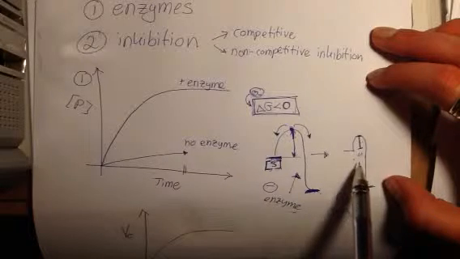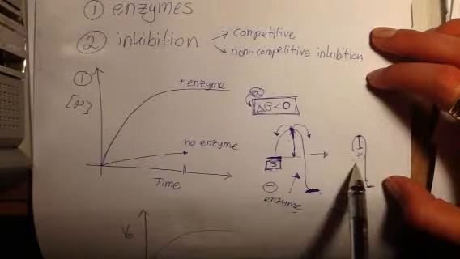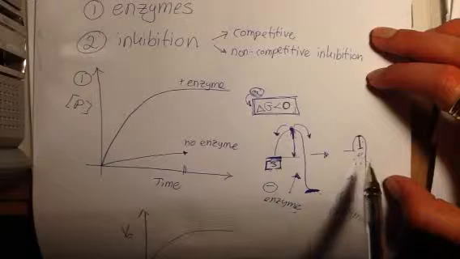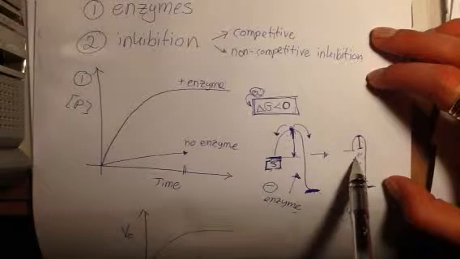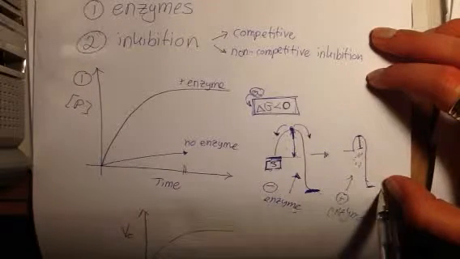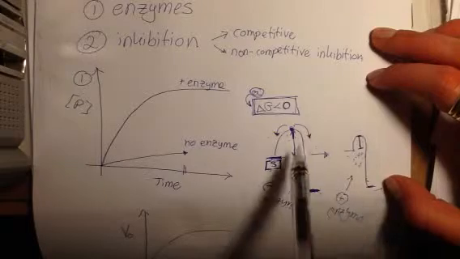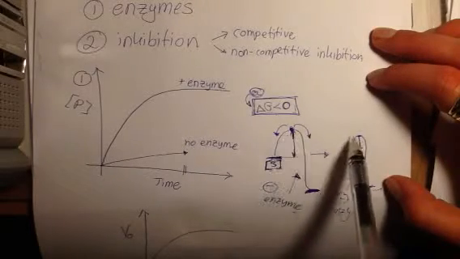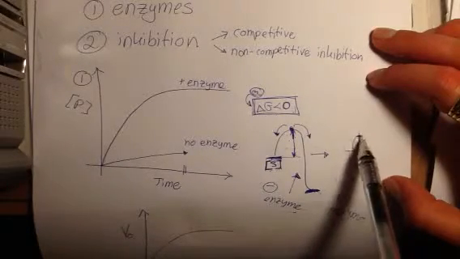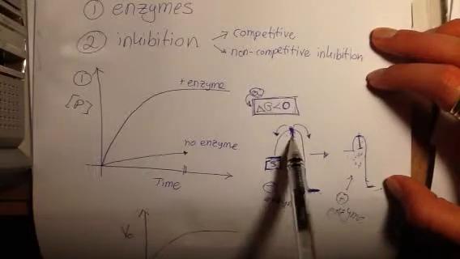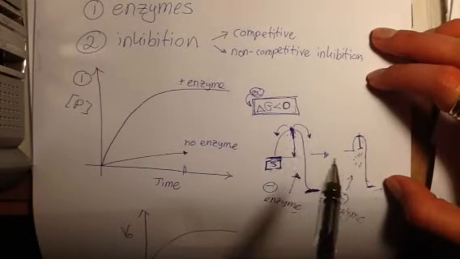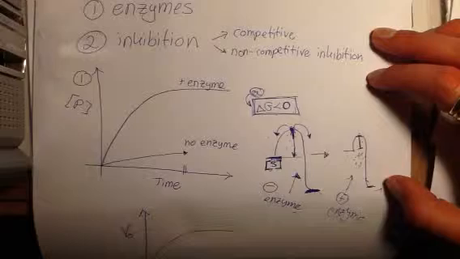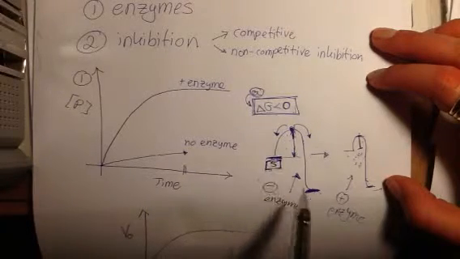It means that more molecules of reactants will have the sufficient energy to become a product, because in this peak, in this highest point, this is the transition state, and this is not an actual state. It's something in the middle. It's not a reactant and it's not a product.